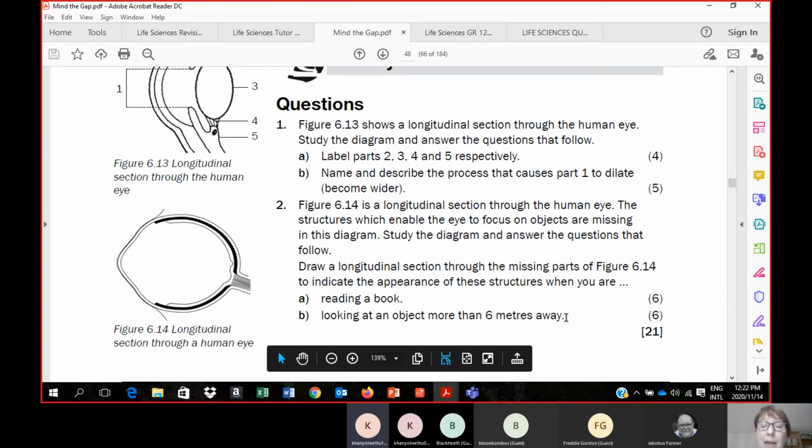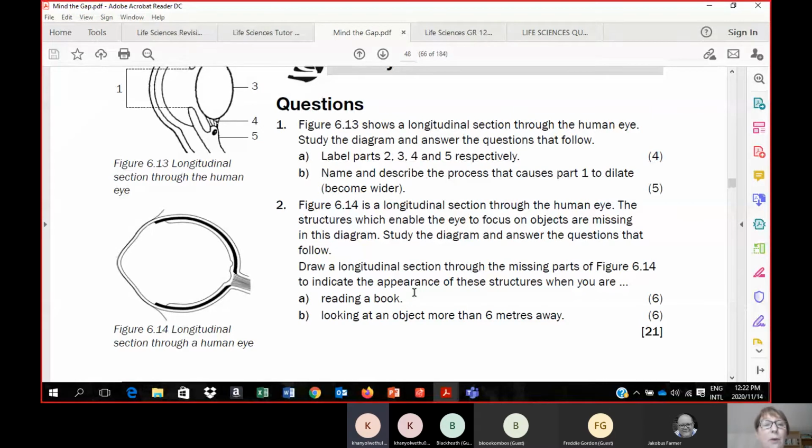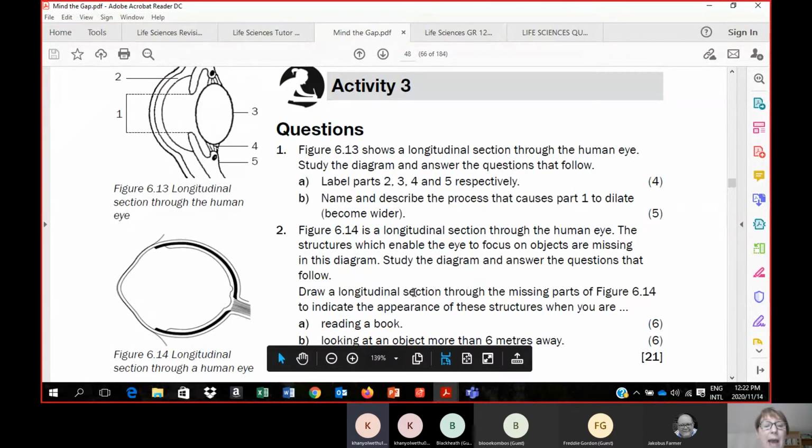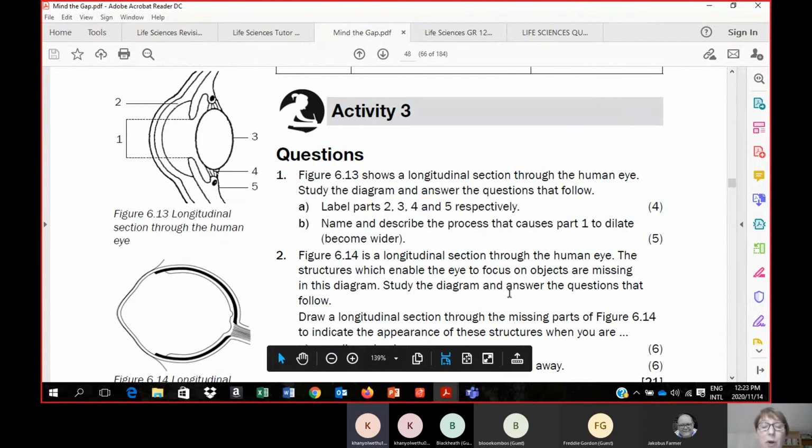Now, we're not going to have time to do both of these. So I want you to very quickly do question 1, all of that, and then do question 2A. And then I'll see how you've done. Okay, I'll give you a few minutes to do this on the eye. I think, let me scroll it down, then you should all be able to see that.